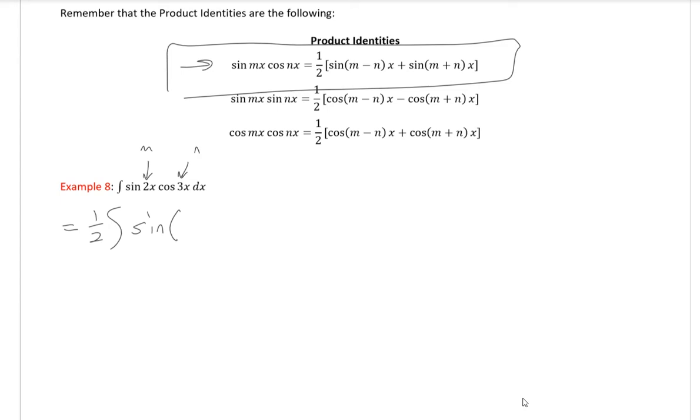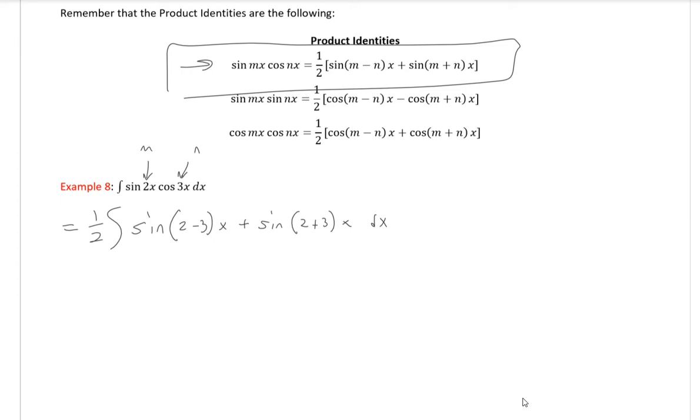Yes, that is important, so you might need to reorder them if necessary. So sine of m minus n, so 2 minus 3 of x, plus sine of m plus n, so 2 plus 3 of x dx.